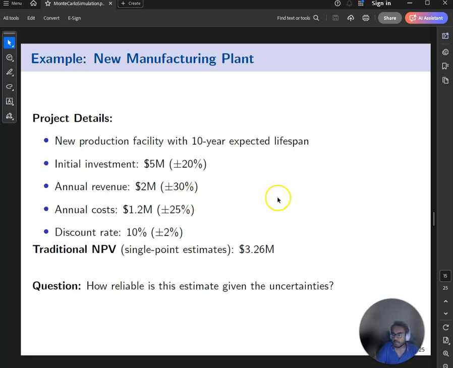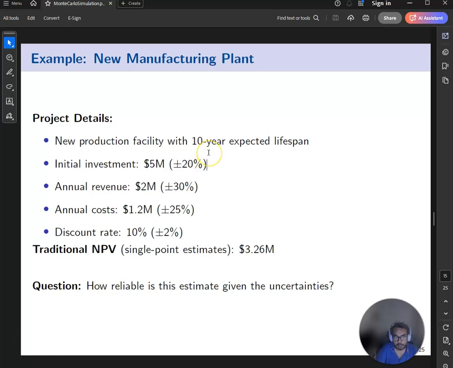So suppose I have a new manufacturing plant. This is an example. So I have a plant that I want to set up, and the project details are as follows. I'm expecting the lifespan of this project to be 10 years. I'm expecting an initial investment of $5 million. But note this.